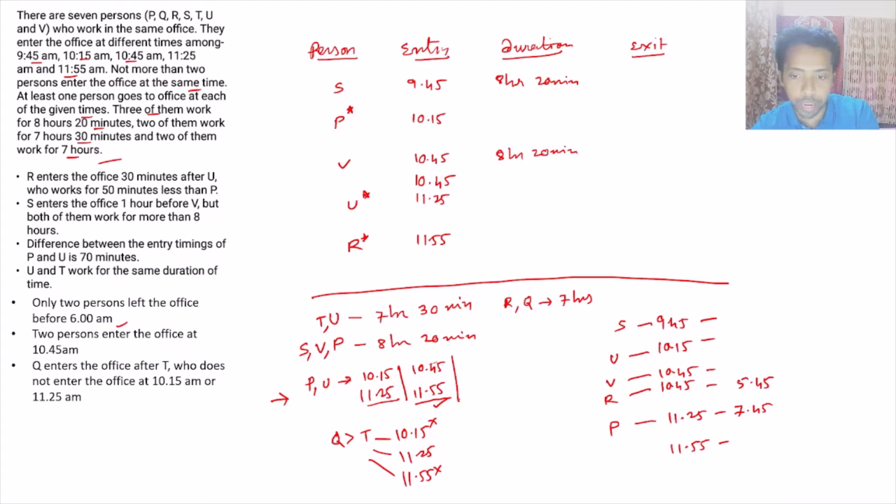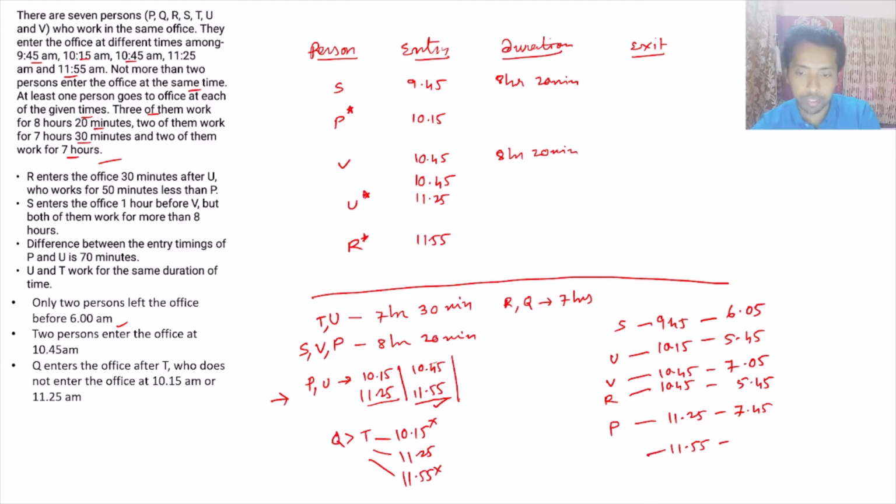V, that is 8:20, that means 7:05, right? U, that is 7 hour 30 minutes, that is 5:45, right? S, that is 8:20, that means 6:05, right?